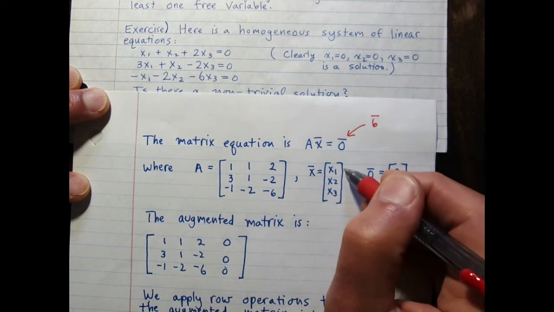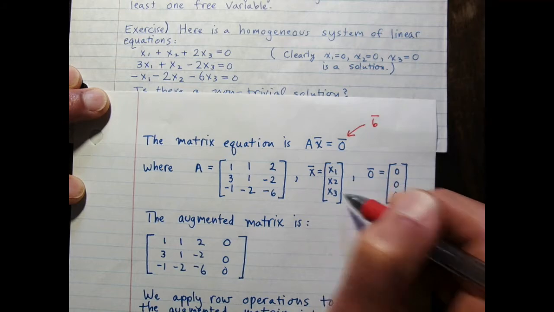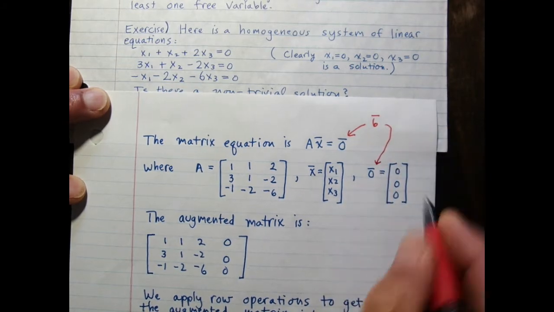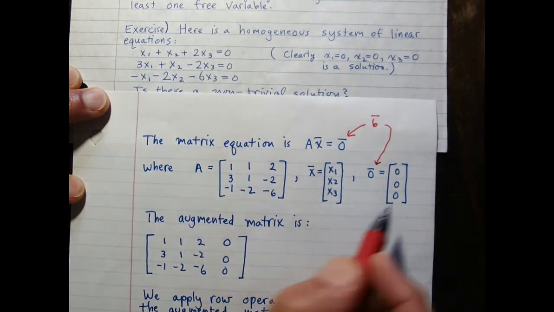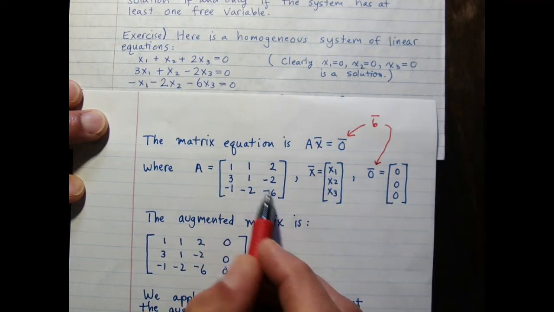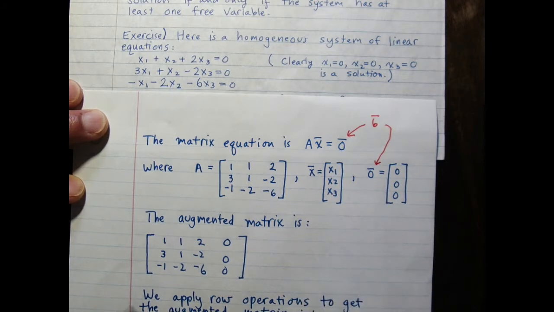The solution vector x will have three components, x1, x2, and x3. And this 0 just stands for the zeros on the right-hand side, the b vector. Notice that that's also a vector in R3, since A is 3 by 3, so both x and this 0 vector have three components.